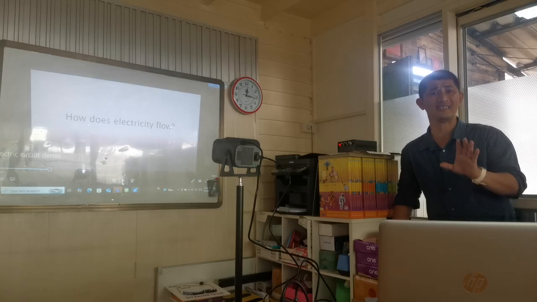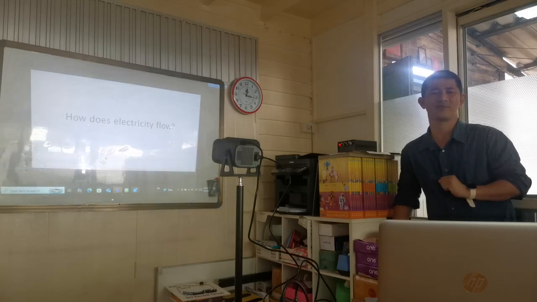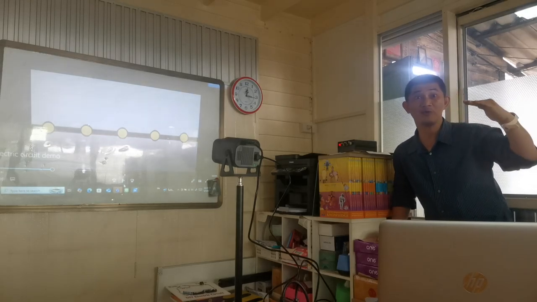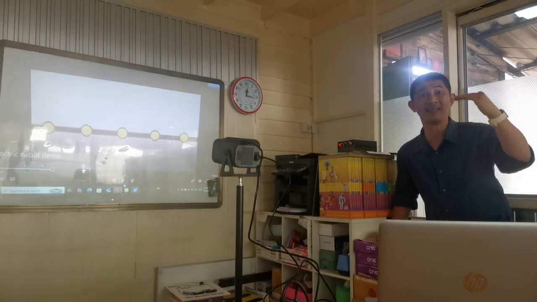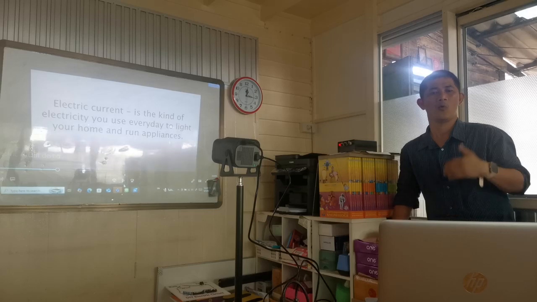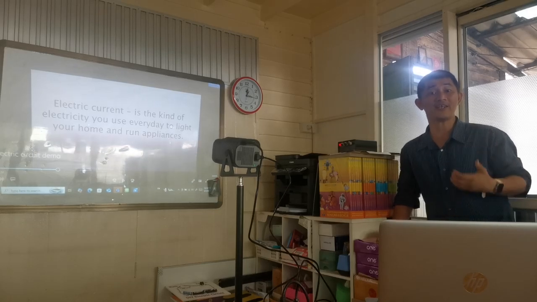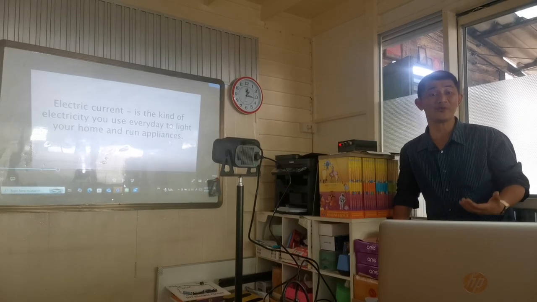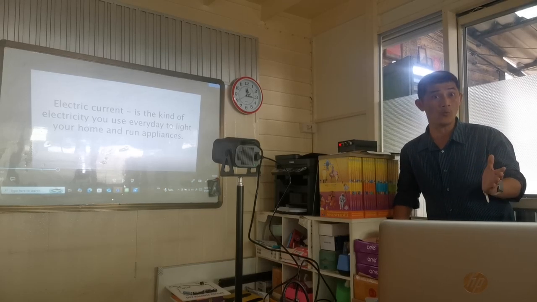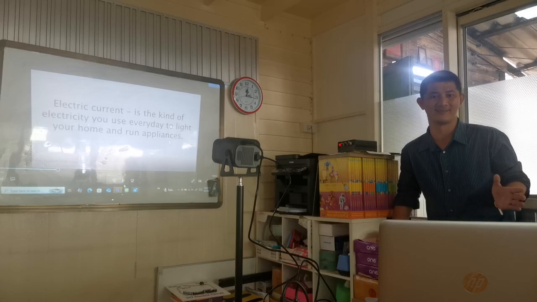How does electricity flow? The electricity flows in one direction along a path, and that is called electric current. What is electric current? Electric current is the kind of electricity you use every day to light your home and run appliances.